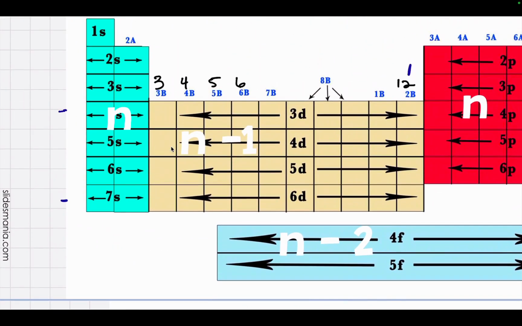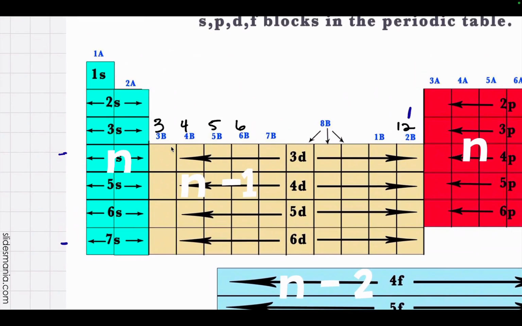The n, n-1, and n-2 refer to the period, which is also the principal energy level. If we are at an element right here, that element is going to have electrons in the 5s orbital, and that's because it's in the 5th period. Whereas when I'm in the D block, you can see these are 1 less than what the n value is.